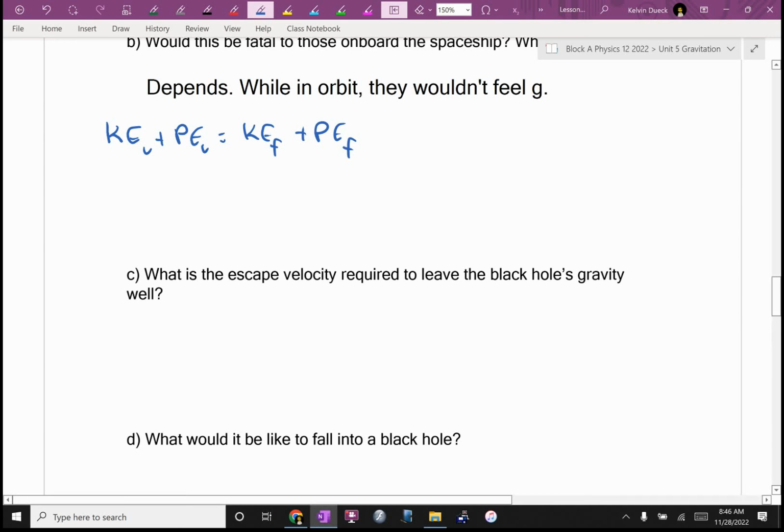Out at the edge of the universe at infinity, how much potential energy did we have? Why? Because we defined it that way. We said we need to put zero energy somewhere. Putting it on the surface of the Earth would be very planet-centric. We're going to move it to edge of the universe.